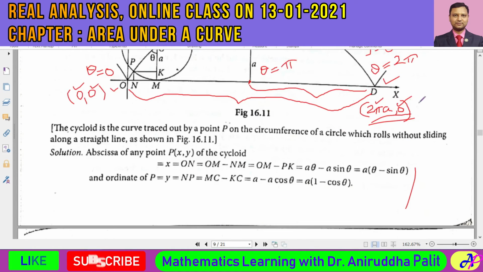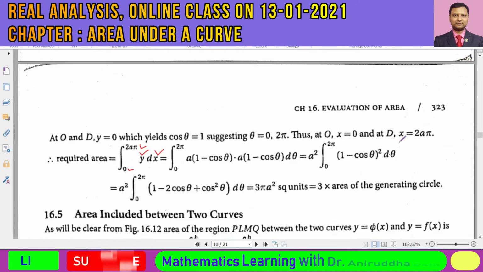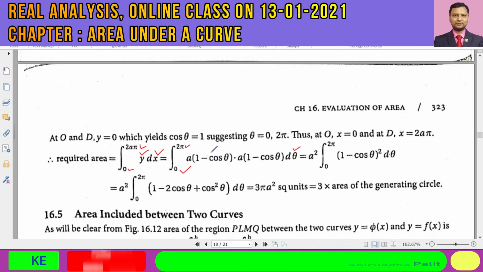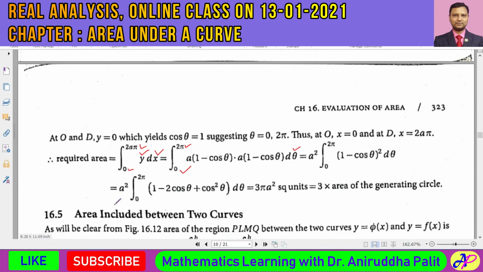Why? Because the x coordinate is over here twice pi a. However, whenever the total expression is converted in terms of theta, the limit becomes theta is equal to 0 to twice pi. So after that, it is just a matter of computation.